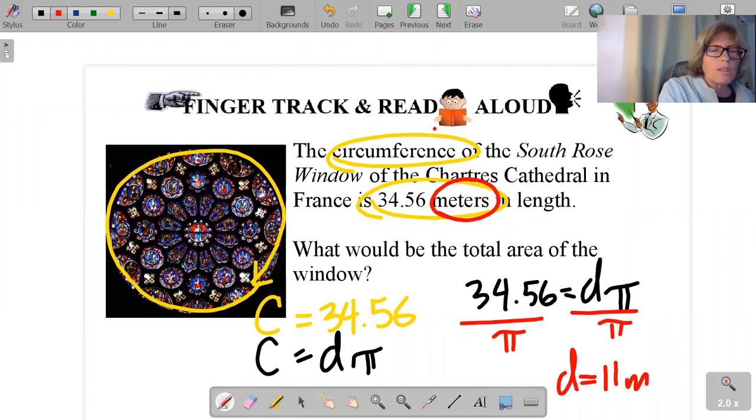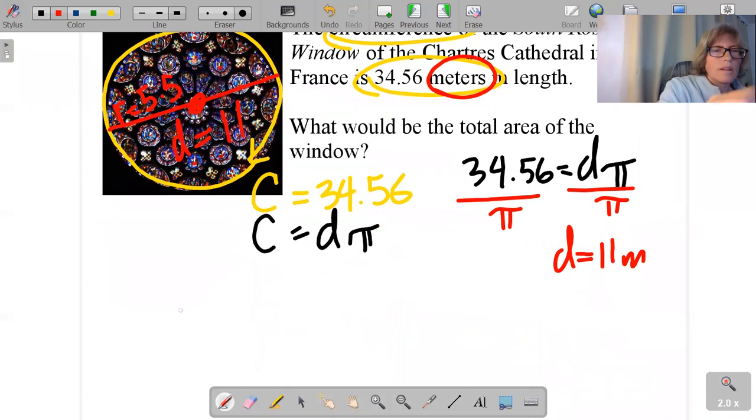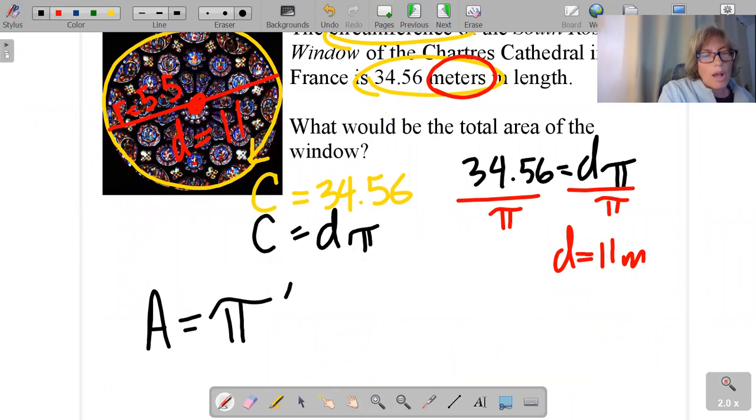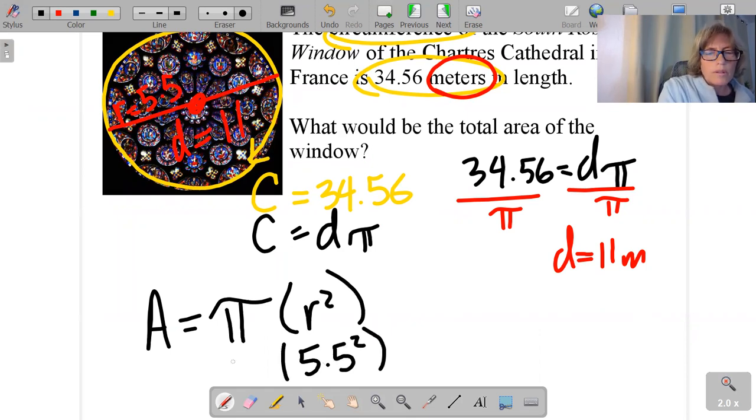So keep in mind that that's your diameter all the way across. We want to find the area of the window. So if the diameter is 11, your radius is half of 11, which is 5.5. Area equals pi, parentheses, r squared, 5.5 squared times pi.